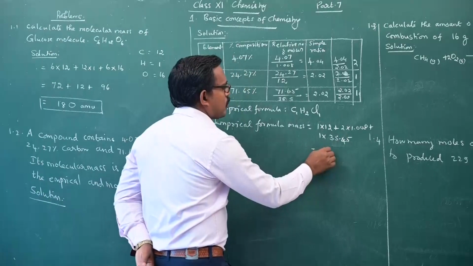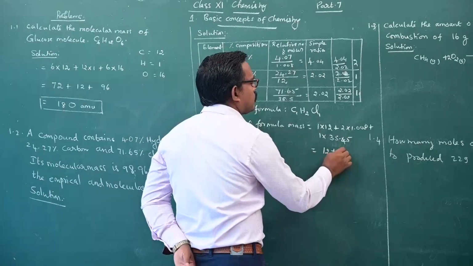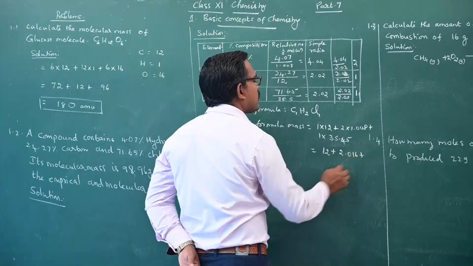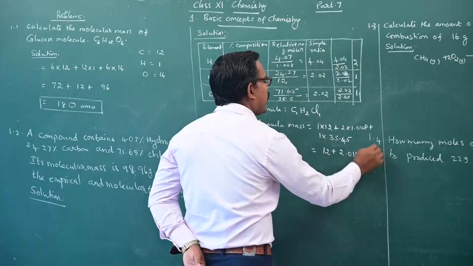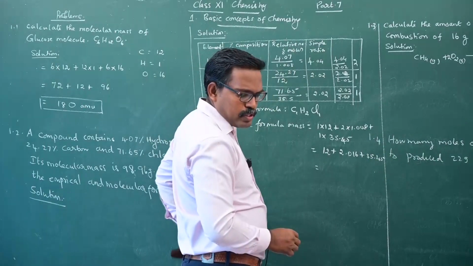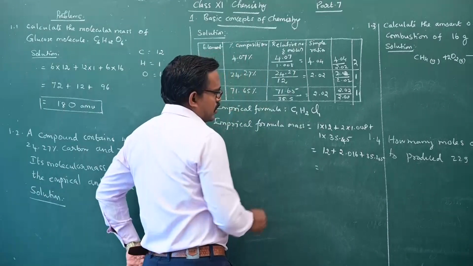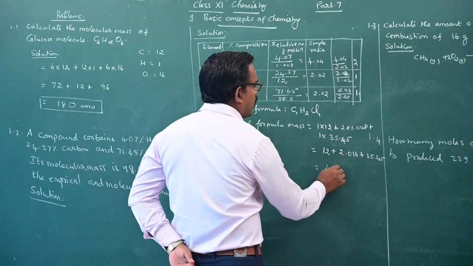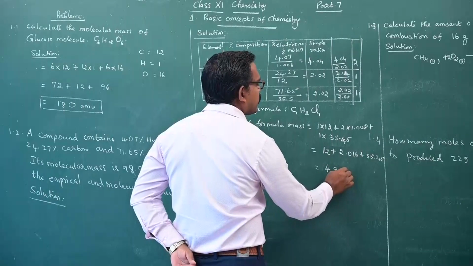So, 12 plus 2.016 plus 35.45, which is approximately 49.5.